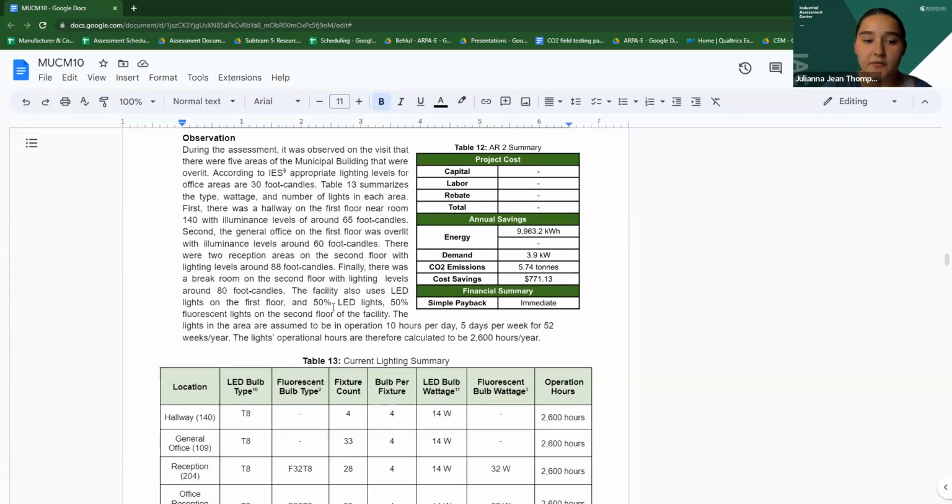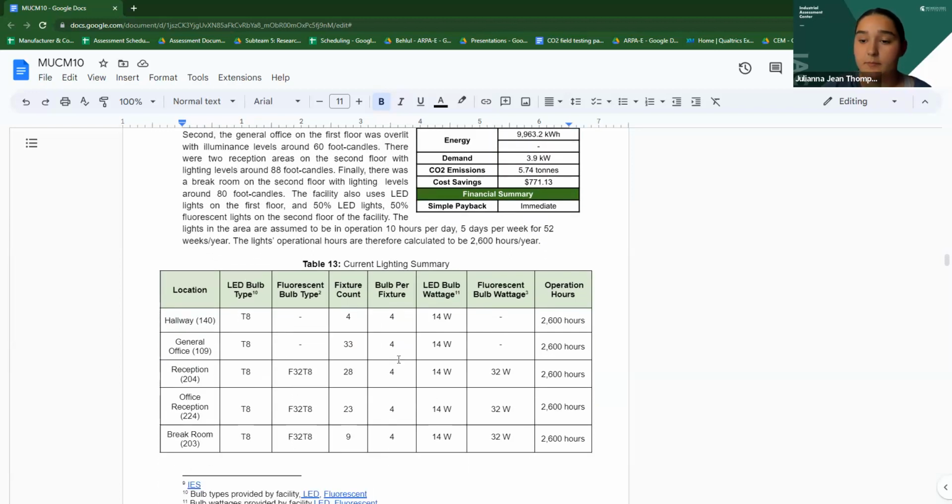And there were several areas where the foot-candles were around 60, 65, which is pretty bright. So this recommendation is to go into these areas and reduce the lighting by about half. We had noted that your fixtures had about 4 bulbs per fixture. So the majority of this recommendation is, in those areas where we noted it was bright, to remove 2 of those bulbs per ballast to reduce the lighting. And this will help save you on energy costs.